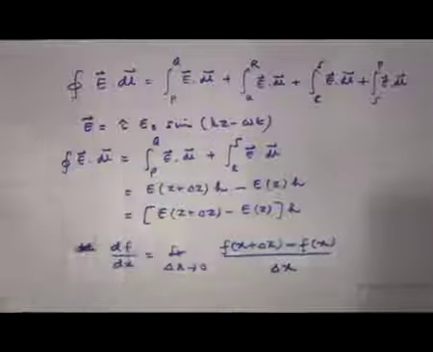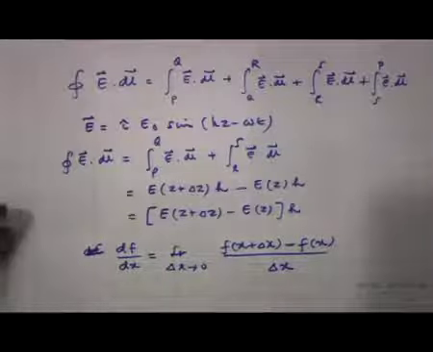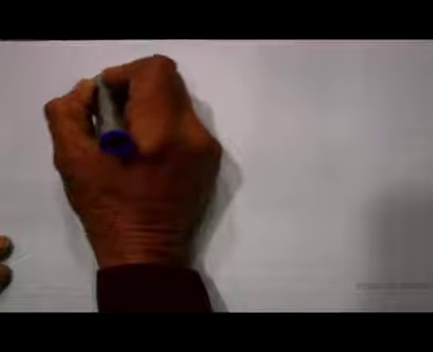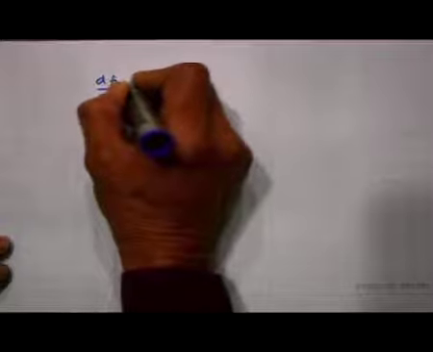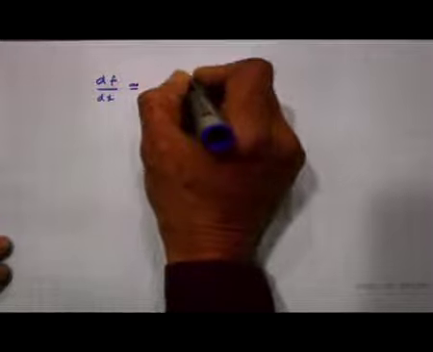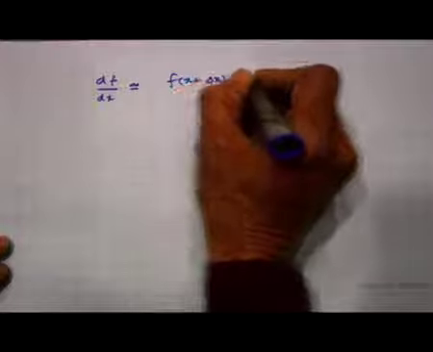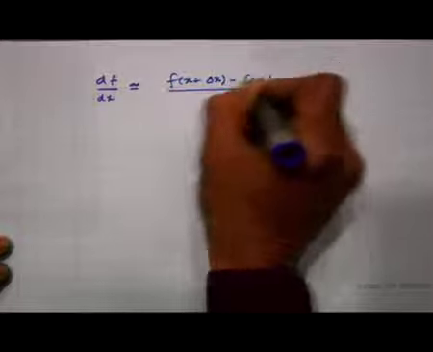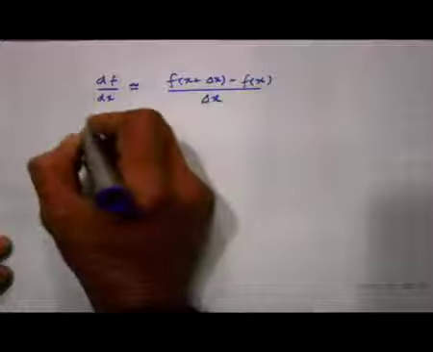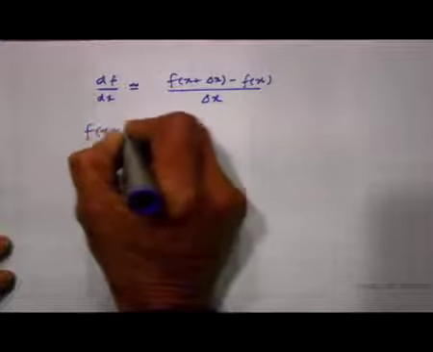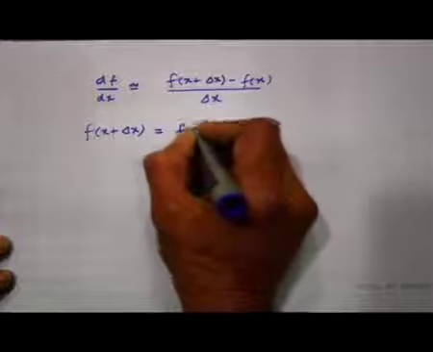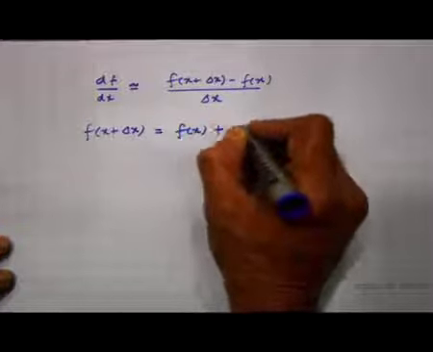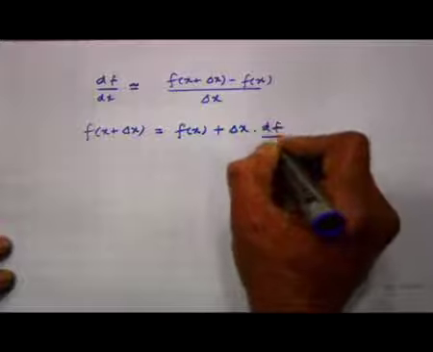So, if delta x is extremely small, then I can write this as df by dx. If I choose a very small value of delta x, this is approximately equal to f of x plus delta x minus f of x, by delta x. So, if I simplify this, I will get f of x plus delta x is equal to f of x plus delta x times df by dx.